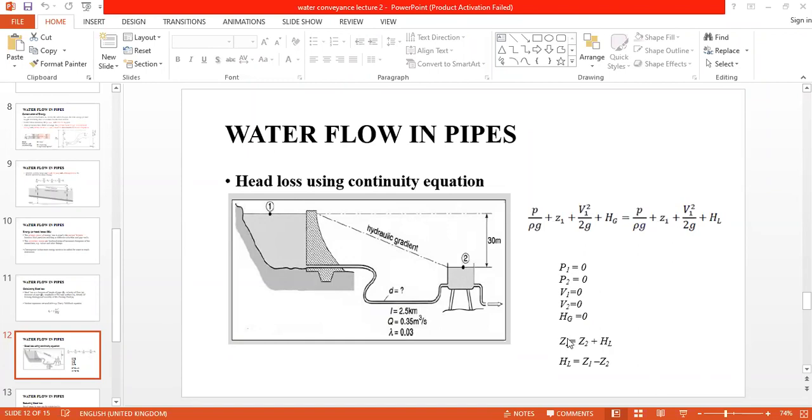Actually now, the head loss will be equivalent to the height difference from here to here. In this case, the height difference is 30. So this will represent our head loss as the water moves from this point to this point.